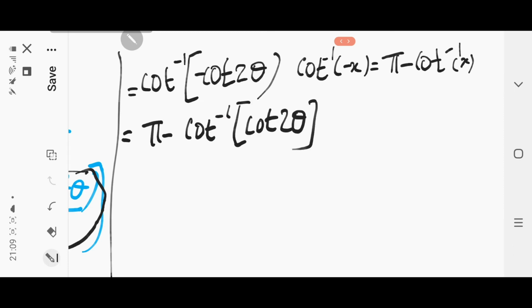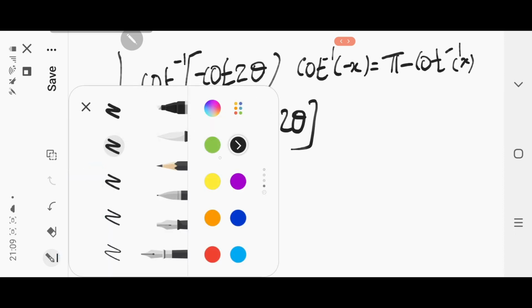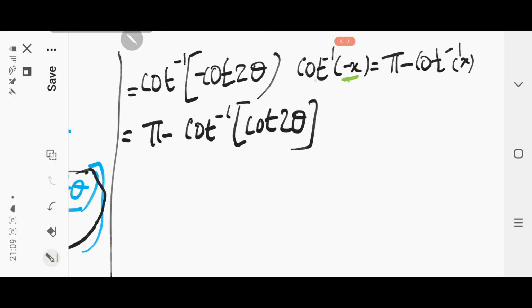Whenever there is a minus in cot inverse of minus x, when you have to remove the minus, you write it as pi minus. Same property applied here.